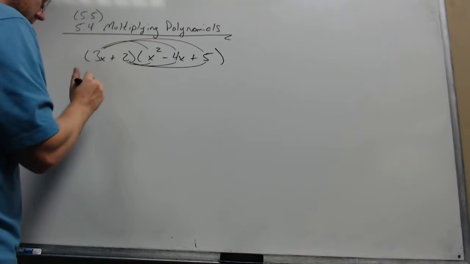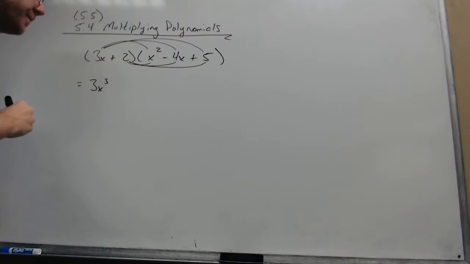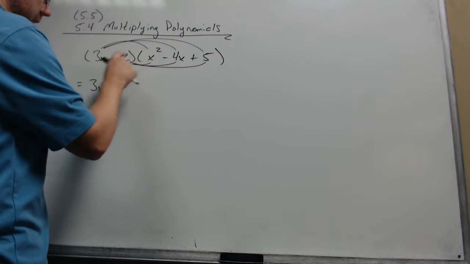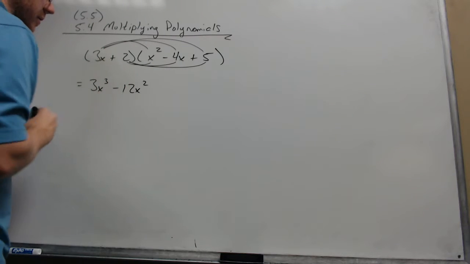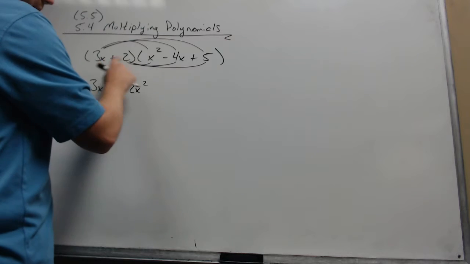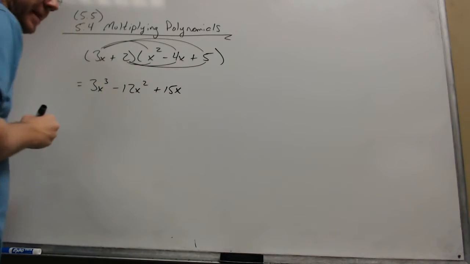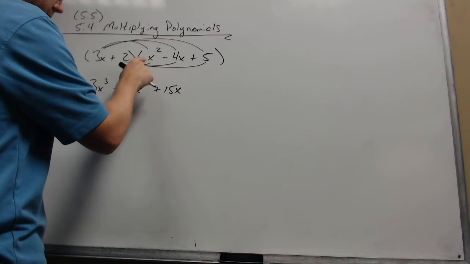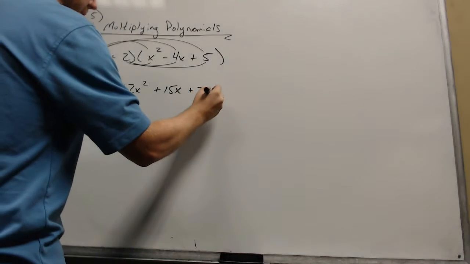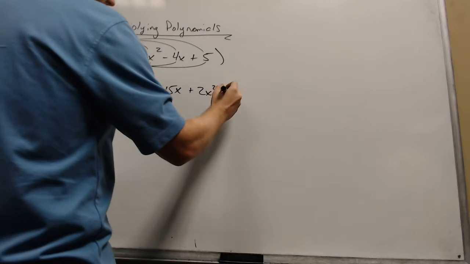3x times x squared, add the exponents, that'll be 3x to the third. 3x times negative 4x will be negative 12x squared. 3x times 5, that's a positive 15x. Now distribute the 2. 2 times x squared would be a positive 2x squared. 2 times negative 4x would be negative 8x.